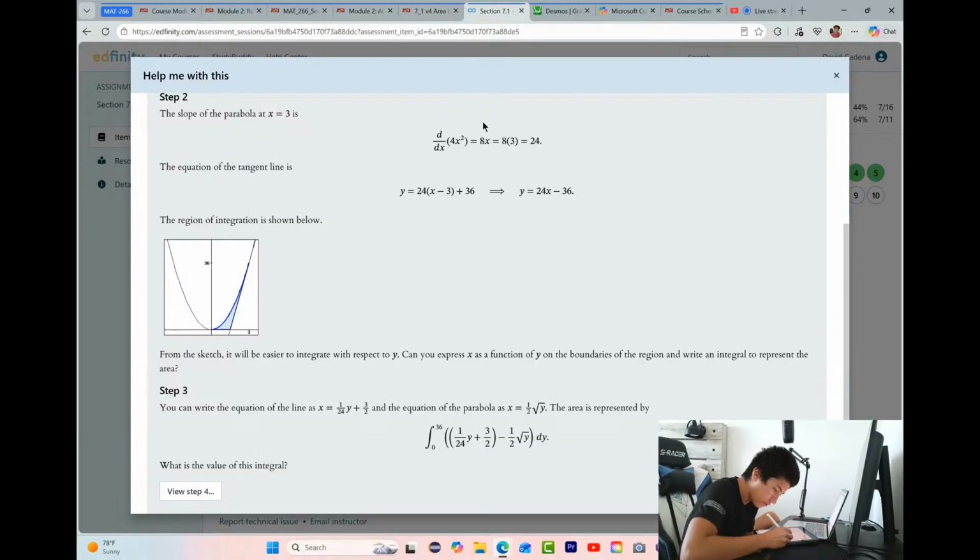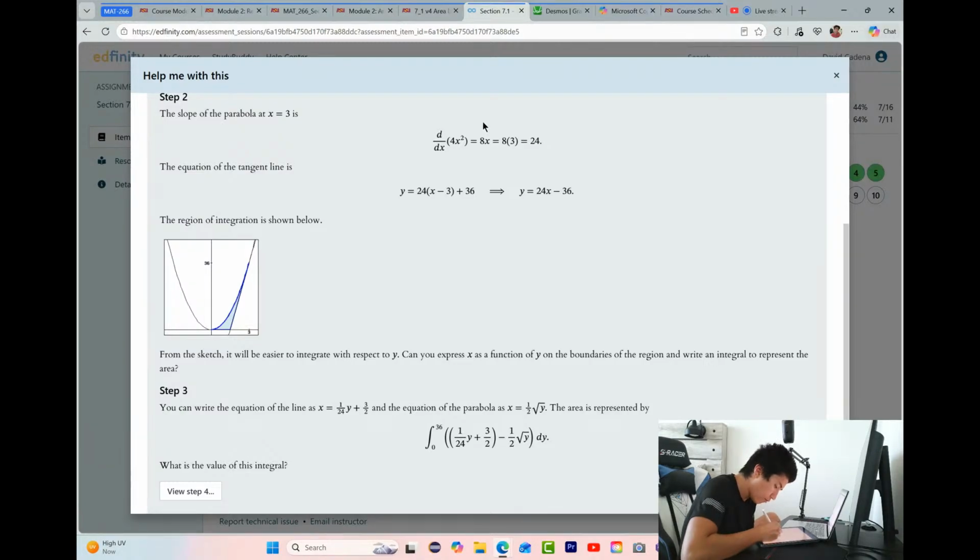5 times u to the power of 1/2 du, and then we're going to have u to the power of 3/2 times 2/3. 2/3 times, what's u? And u we said was y over 5.